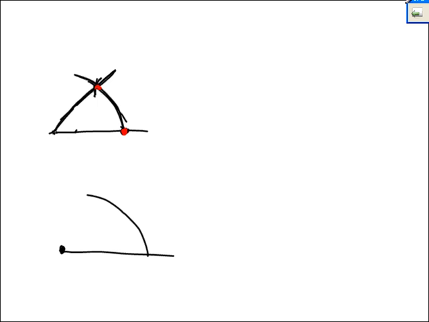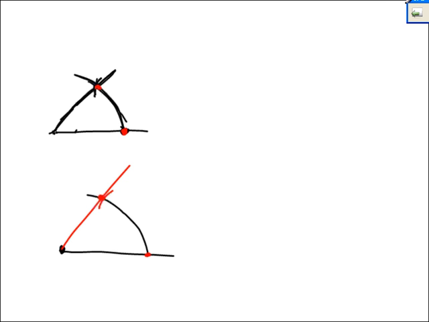Well, do the same thing on the bottom. Put the compass needle here, keeping the same opening we just had from above. Put an arc that crosses that line, that arc. And this is the point that we are concerned about. With your straight edge, connect the two dots.